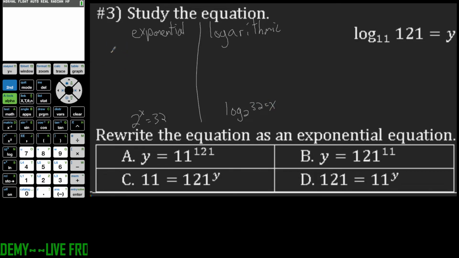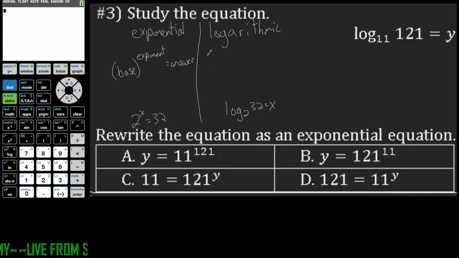So whatever your exponential is, you have your base, you have your exponent, and then you have your answer. And these are inverse functions of each other. That means they switch back and forth.